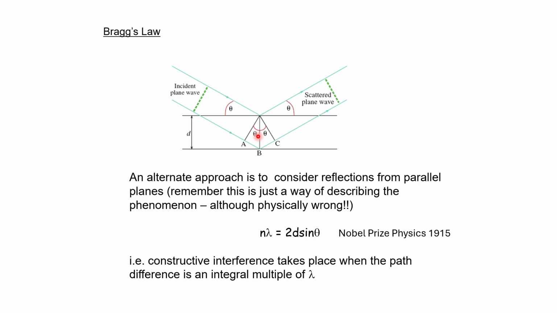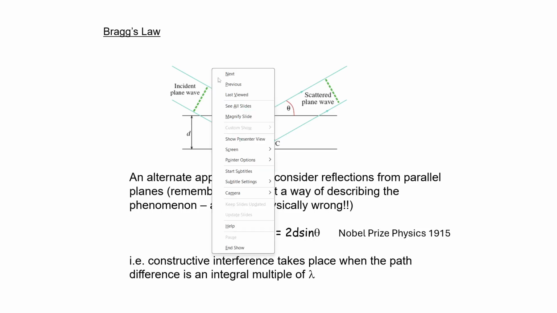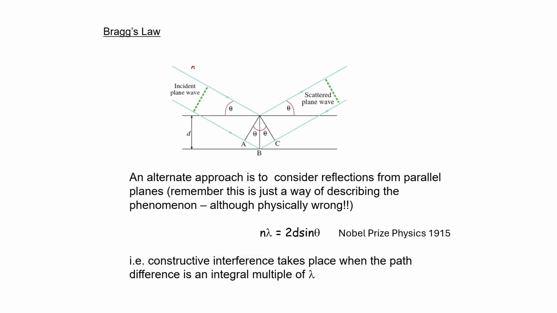These are some basic laws. So the incident plane wave is forming an angle of theta with your atomic plane. And if you see, just let me select the pen. If you see this first ray, it is coming from here, then it is being scattered by this plane, then it is scattering back.